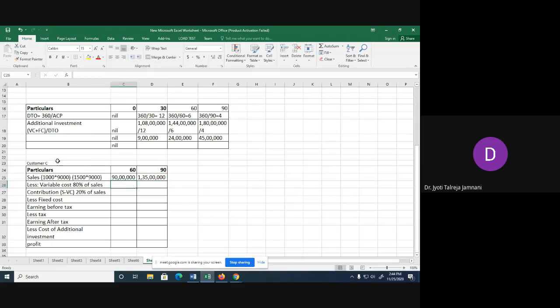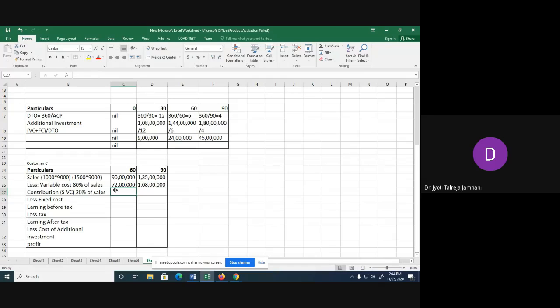From this, we have to less variable cost as we did in customer B. Same we are following here. 20% is contribution margin. So that means 80% is the variable cost. So 80% of 90 lakh we have to take as variable cost, which comes to 72 lakhs. And 80% of 1 crore 35 lakh, which is 1 crore 8 lakhs.